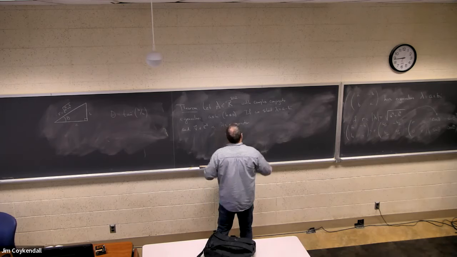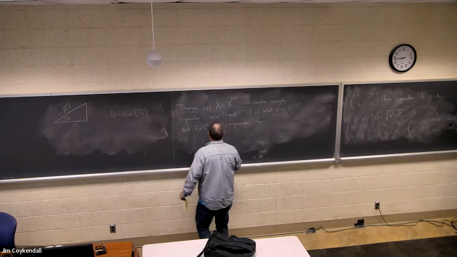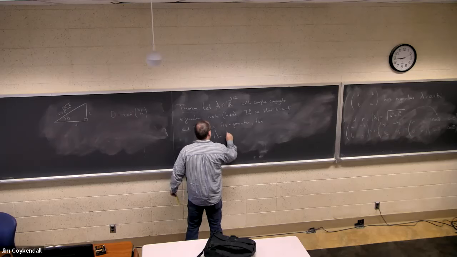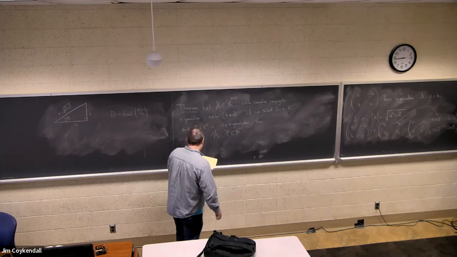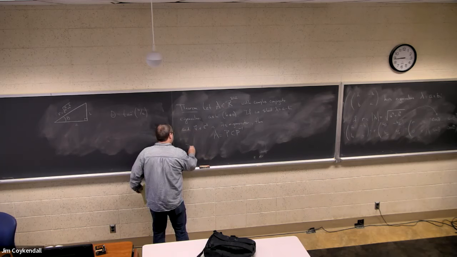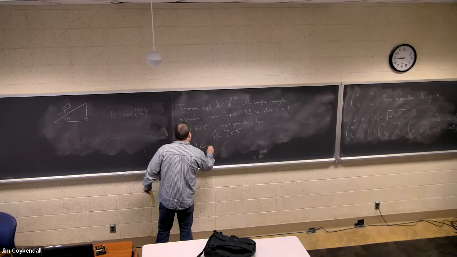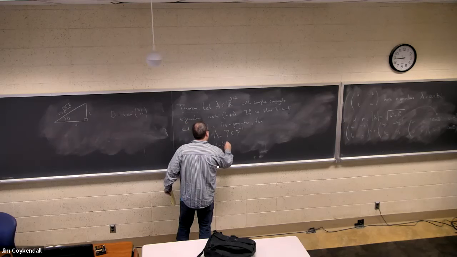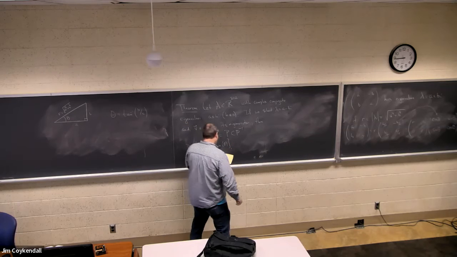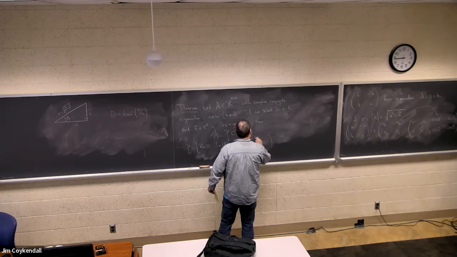Then A is similar to the matrix form P C P inverse, where P is the real part of the eigenvector B and the imaginary part of the eigenvector B, and C is A negative B.